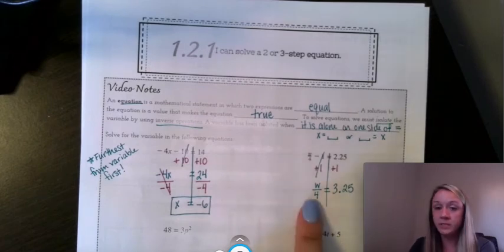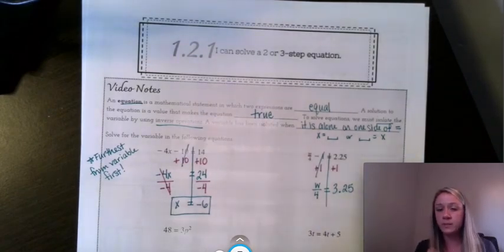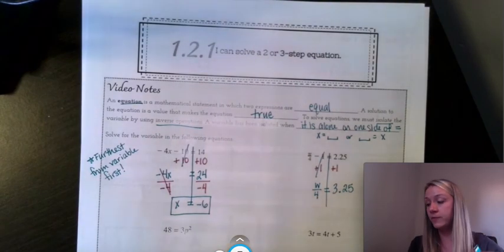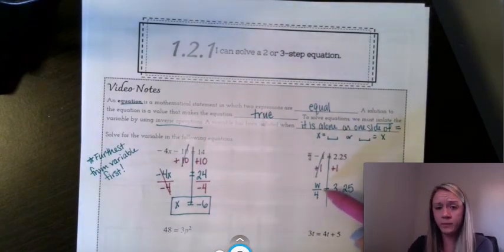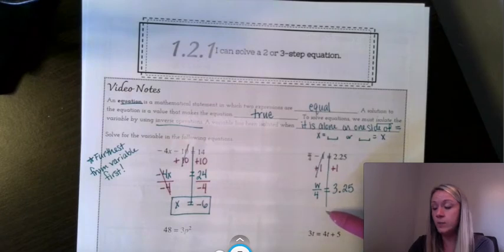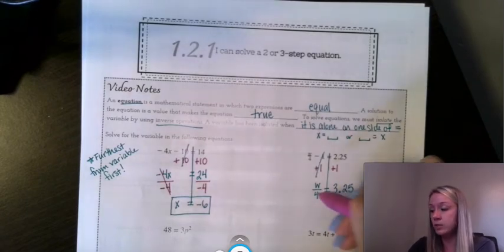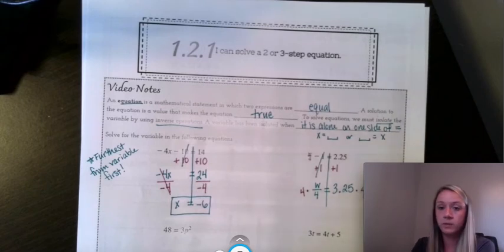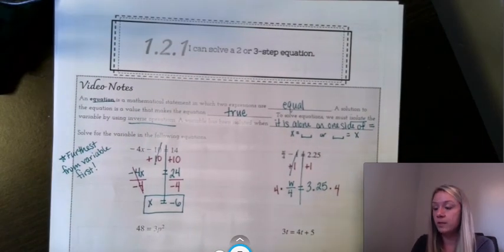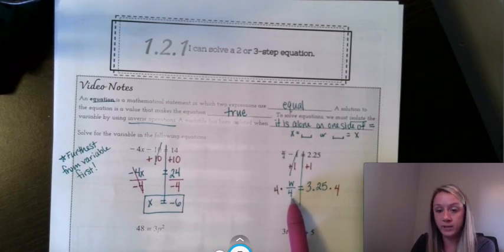And my variable is still not by itself. And so I have to get rid of that 4. We talked about this in the previous video. Whenever we have a fraction that is division, we have to do the inverse of division. So I want to multiply both sides by 4. I'm multiplying by 4 because that was what is in the fraction in the denominator.